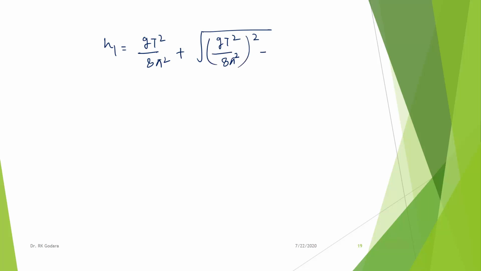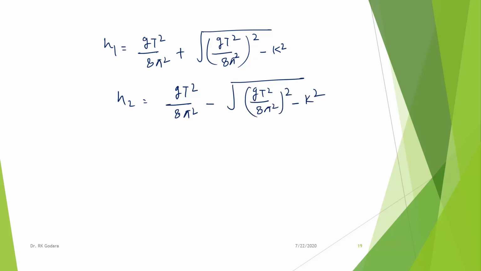If we find both values of h, we have h1 equals g T square over 8 pi square plus the square root of (g T square over 8 pi square) whole square minus kg square, and h2 equals g T square over 8 pi square minus the square root of (g T square over 8 pi square) whole square minus kg square.